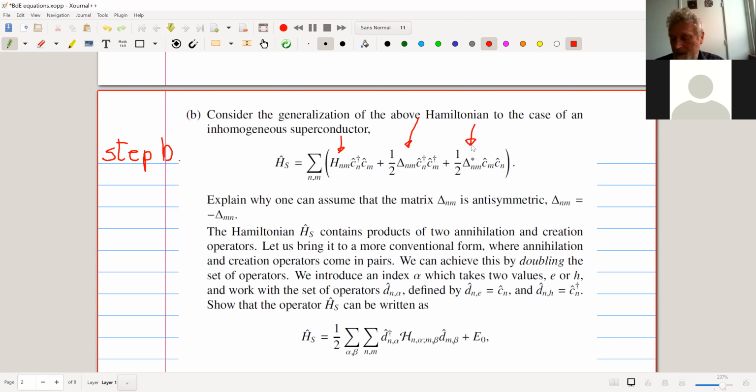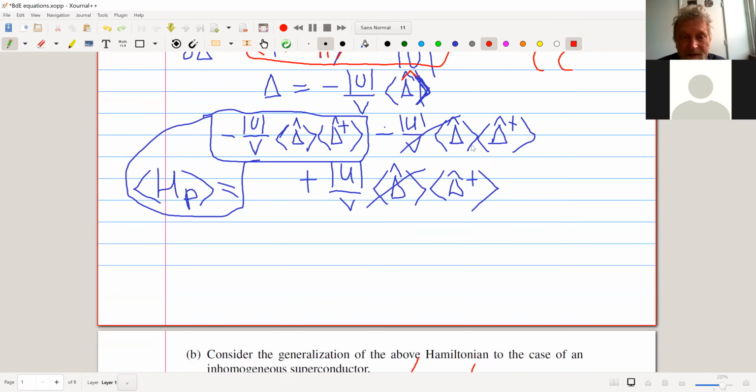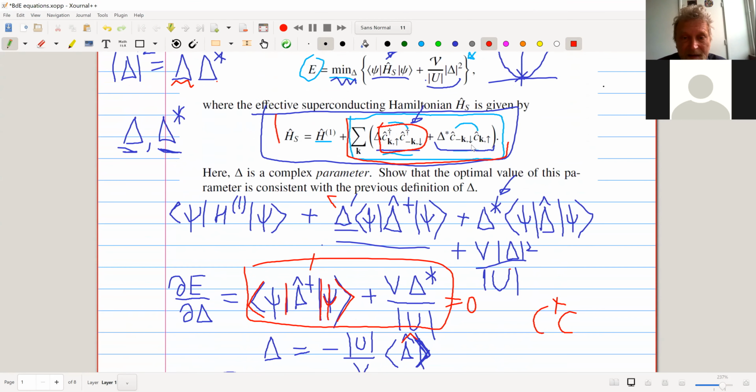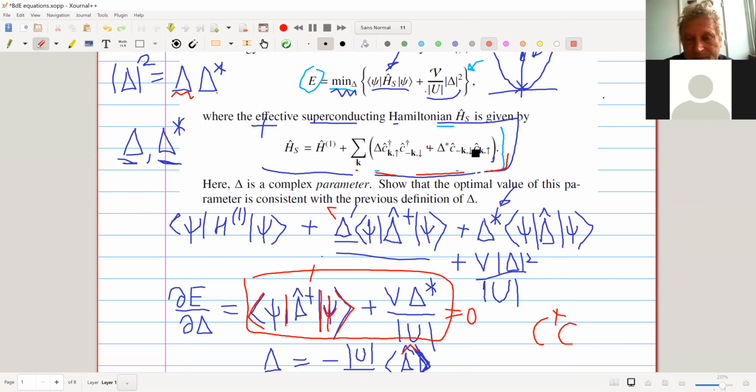Right. Good. So it kind of generalizes the structure of this Hamiltonian. So H1 represents kinetic energy, and those are superconducting parts of the effective Hamiltonian.